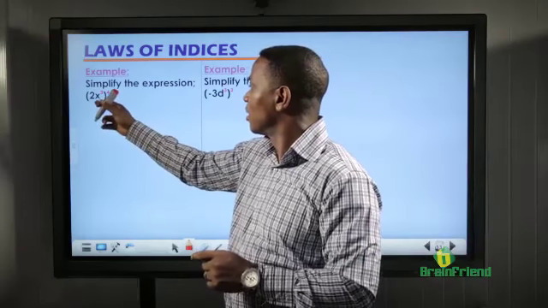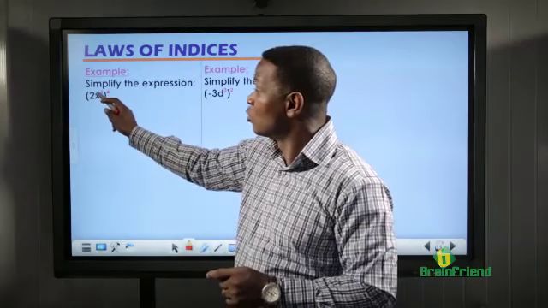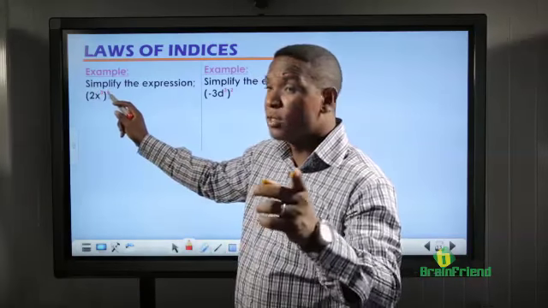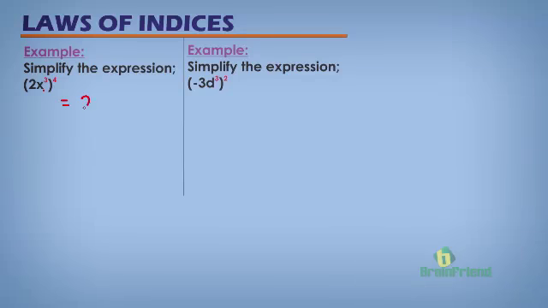One mistake students may make here would be to assume, because now we've learnt about the law that our powers multiply, they would probably say this is 2x raised to power 3 times 4, and they would say this is 2x raised to power 12.